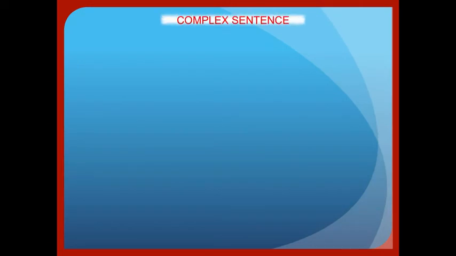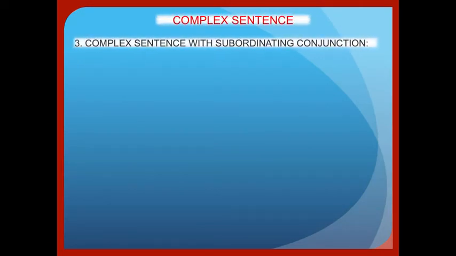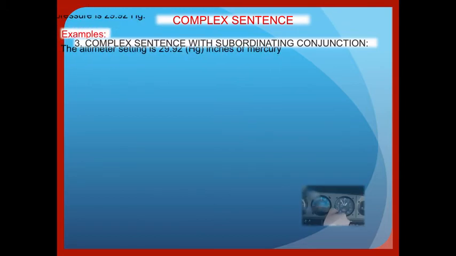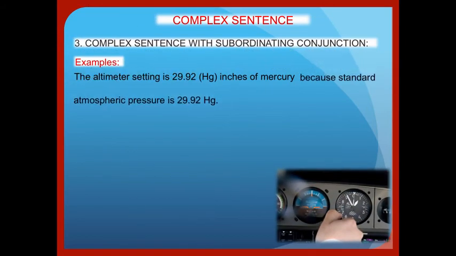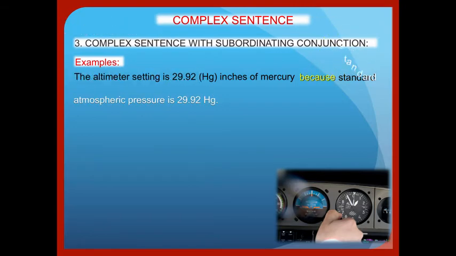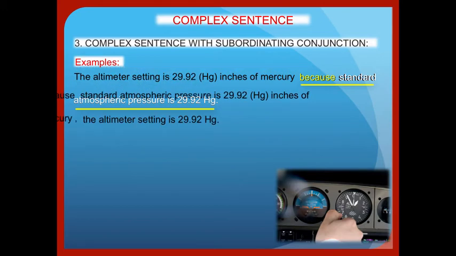An example of a complex sentence with a subordinating conjunction is, the altimeter setting is 29.92 inches of mercury because standard atmospheric pressure is 29.92. In the next example, we move the dependent clause to the beginning of the sentence.